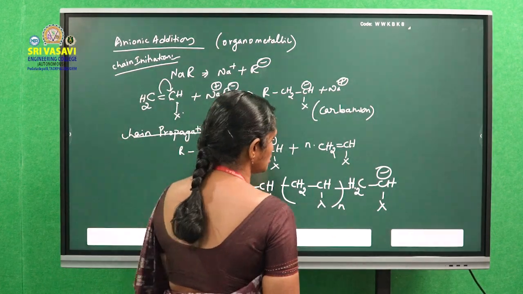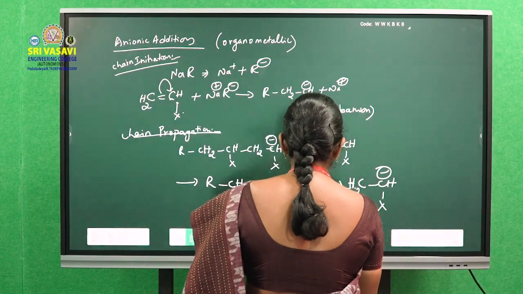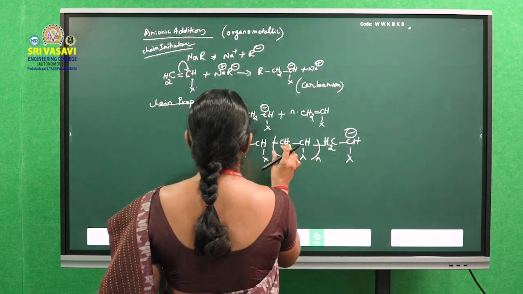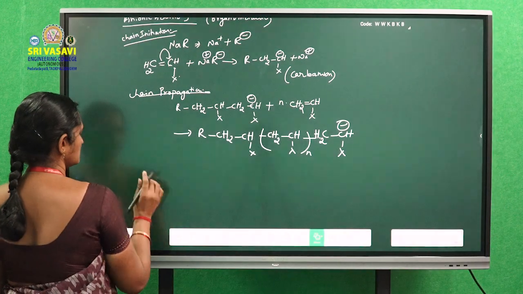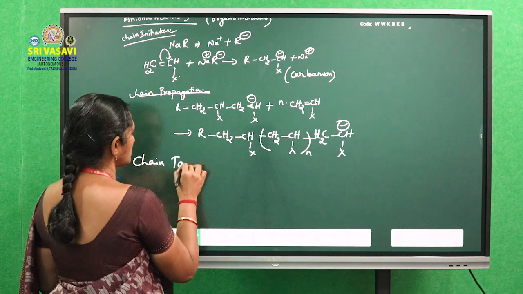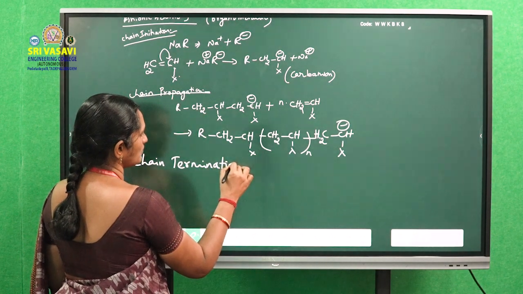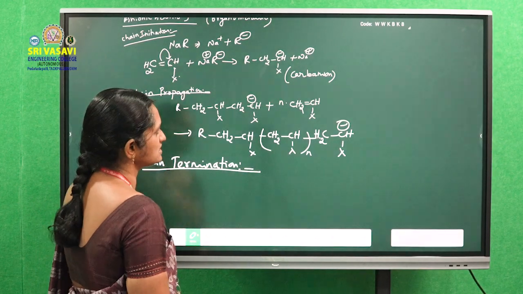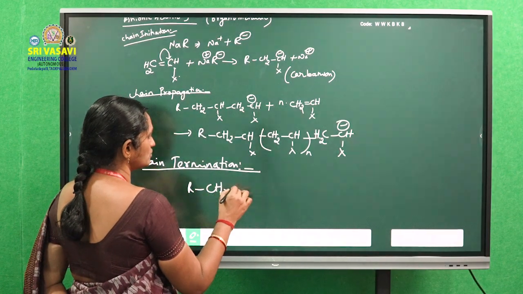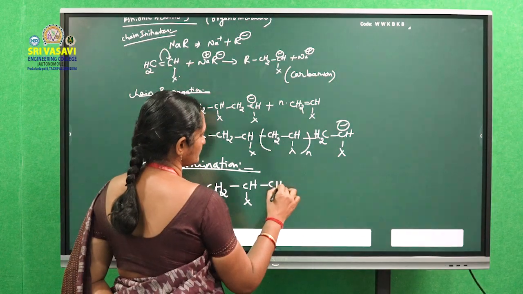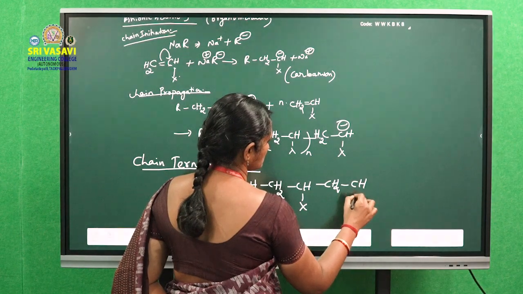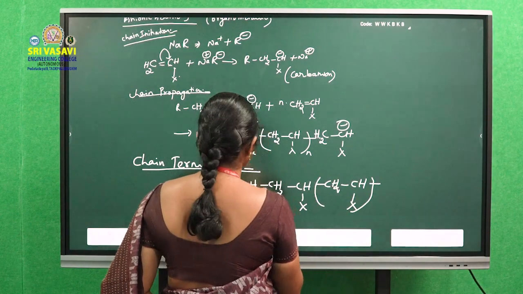What is the chain termination? I am writing directly, students. This is the living polymer, right? I am taking this living polymer and treating it with an H plus ion, some acid.